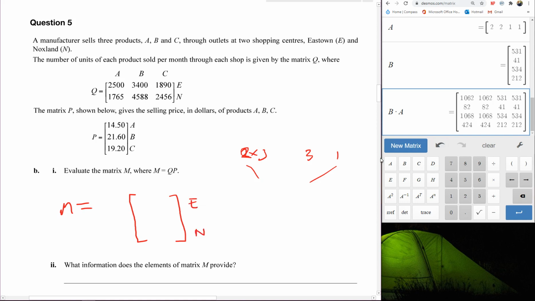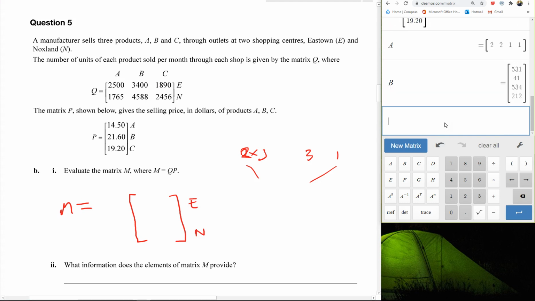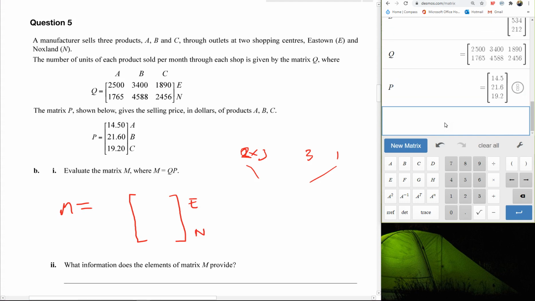So let's evaluate that here. I've got matrix Q and matrix P. Q multiplied by P will give us 145978. That's telling me the total amount of money made in all of the E, and the bottom one is 171849, the total amount for all the items sold in N, in Knoxland.